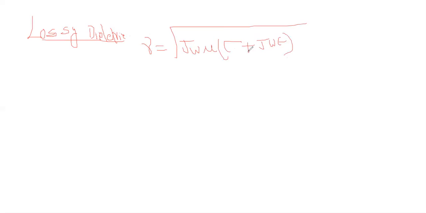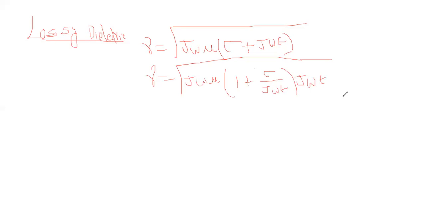Take j omega epsilon as a common term, so gamma is the square root of j omega mu times j omega epsilon times (1 plus sigma by j omega epsilon). Here 1 into j omega epsilon is j omega epsilon.